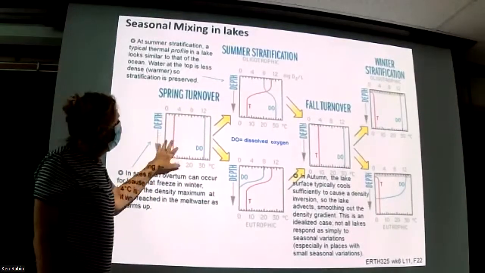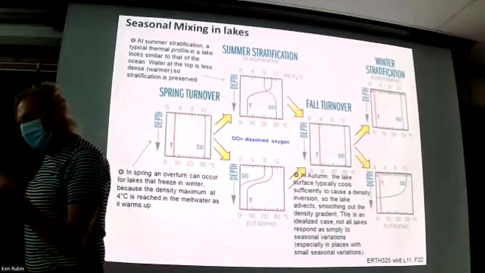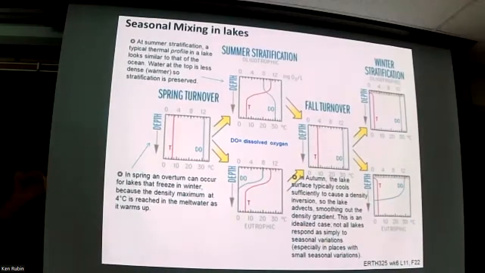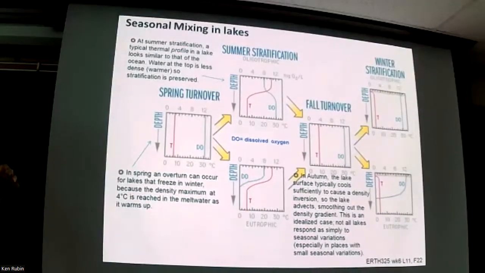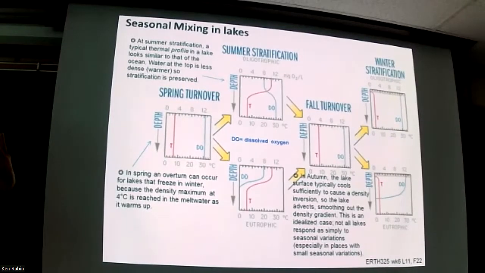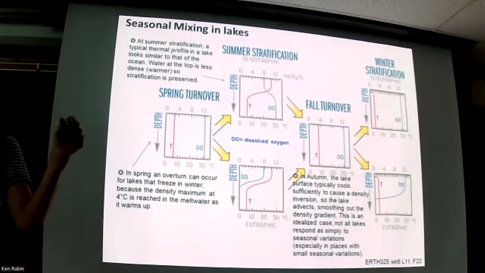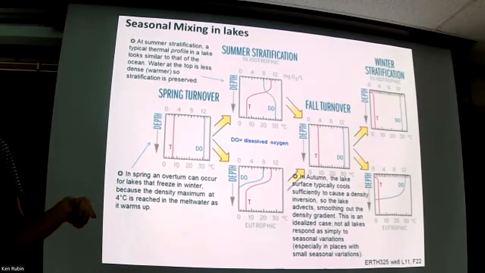Okay, so this upper set of plots is for an oligotrophic lake. Oligotrophic is a term that means nutrient content is low, so there's not much biological activity, very little photosynthesis. Under those conditions, the dissolved oxygen is largely controlled by inorganic things, which means the solubility of oxygen in water.